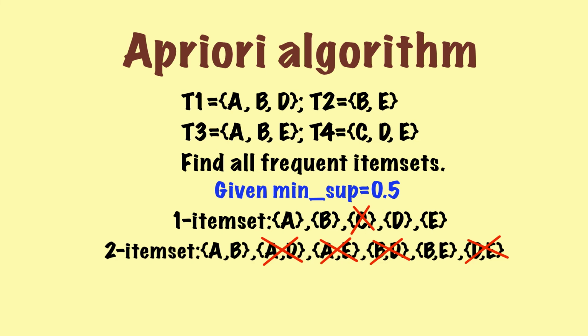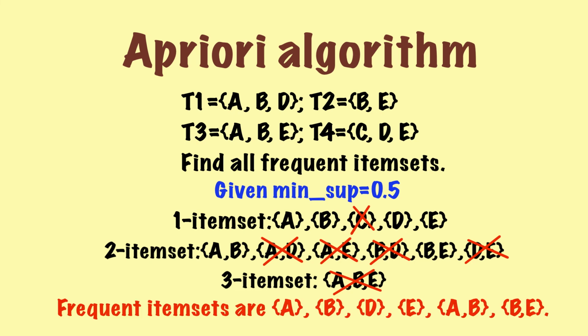Again, we ignore the non-frequent item sets. And there is only one possible three item set. We only have to check whether it's frequent or not. In this case, it's not frequent because its support is smaller than minimum support threshold. So, that's how we find all the frequent item sets efficiently.